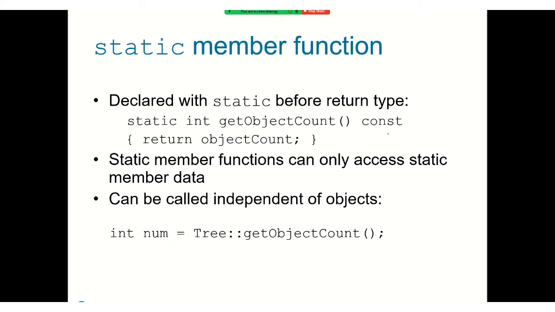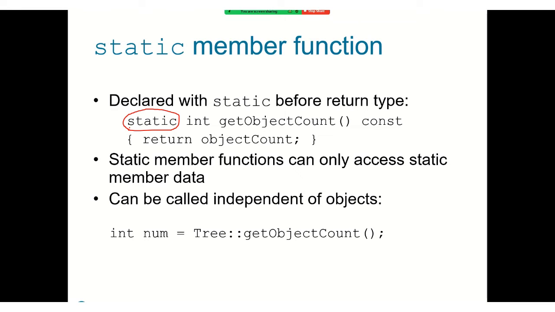Anyways, there is another example, the static member function. How do you define it? From the syntax of C++, a static member function should contain the keyword static. This is a reserved keyword in C++.